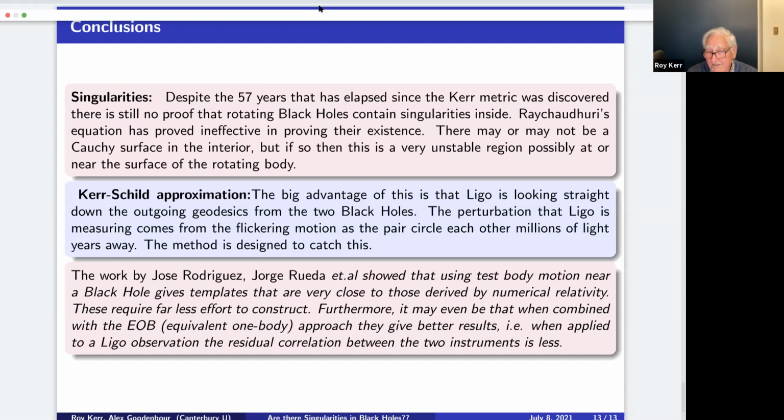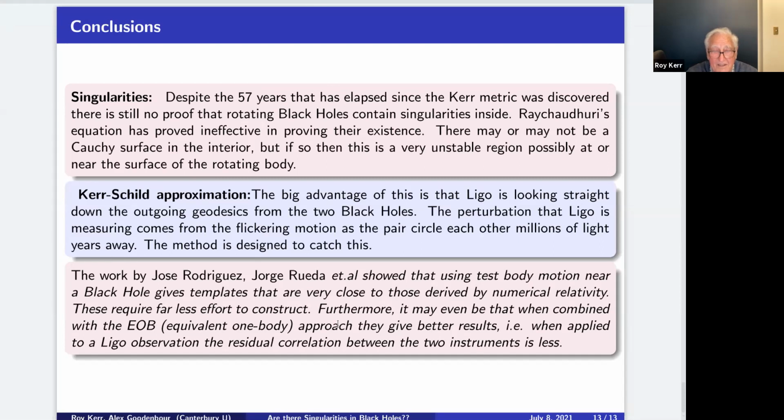They actually got results which were practically identical. Now, why was this? I was there when Jose produced his results, which only took a week or two, by the way. And I said at that time, it's because of the Kerr-Schild form of the metric.